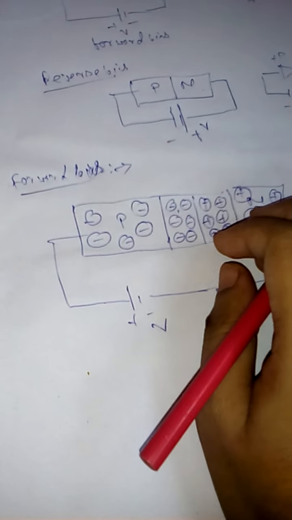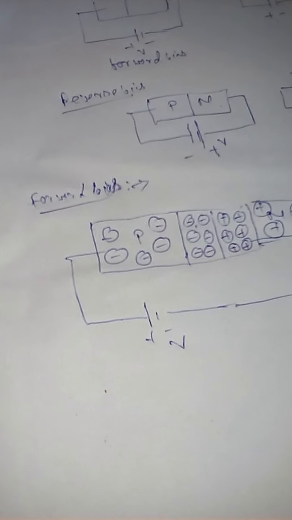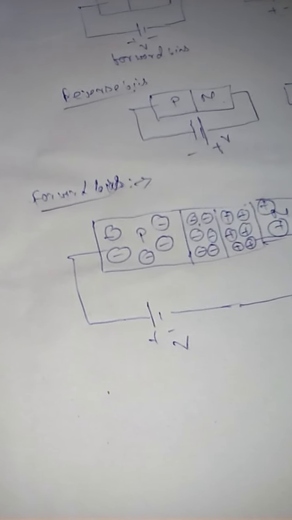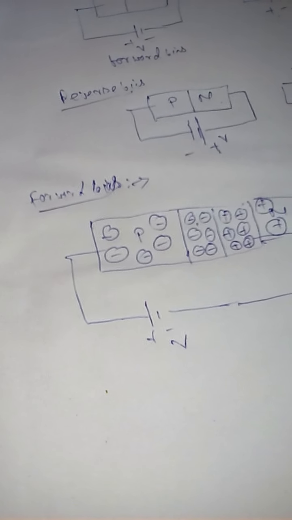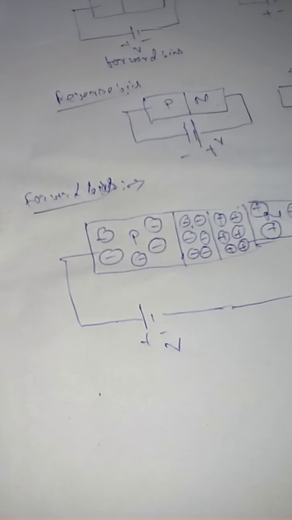If we see such a connection of P side and N side, when the PN junction is forward biased, the holes are repelled by the positive terminal of the voltage source and forced to move towards the junction. Similarly, the electrons are repelled by the negative terminal of the voltage source and move towards the junction.